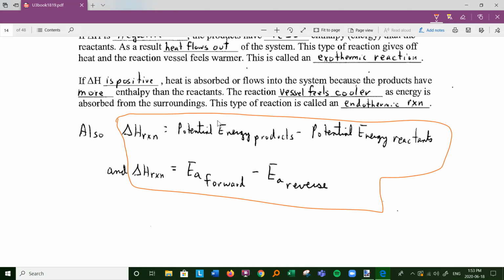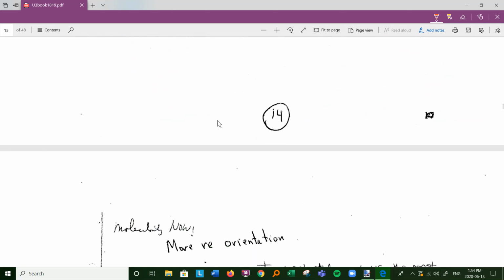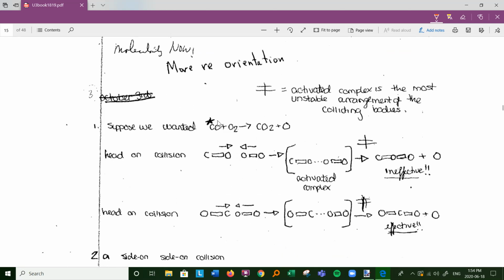Delta H is potential energy of products minus potential energy of reactants, and it's also equal to EA forward minus EA reverse. Okay, so that's page 14.